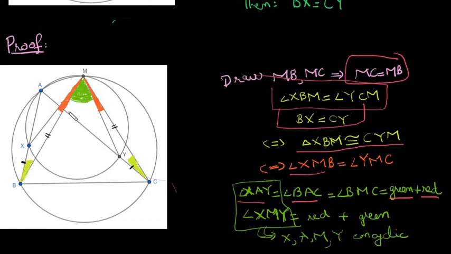Because this is the one angle and then this is the other. So if you add them, you get the angle BMC, which is essentially XAY. But notice that angle XMY is also the sum of red plus green. This is the red angle, that's the green angle. And so I just marked them this way to show you visually how this works. So because they are both green plus red, both these angles are the same.